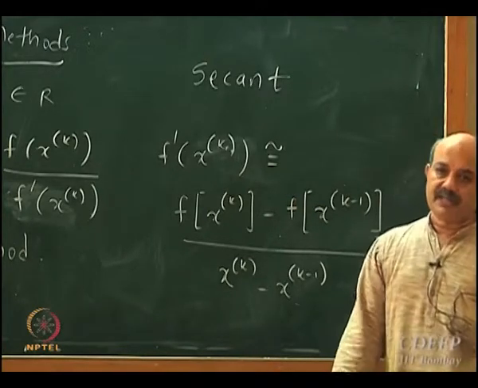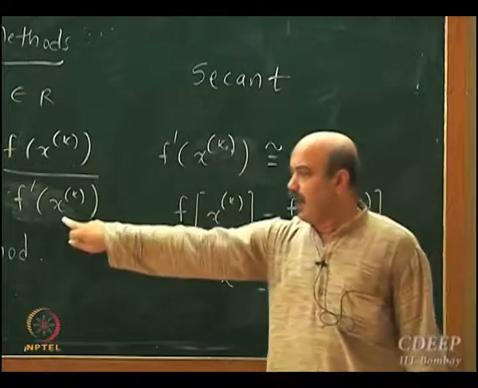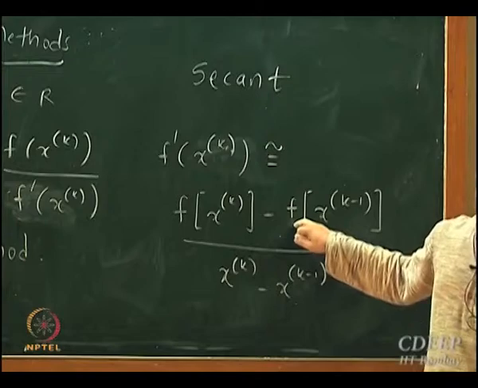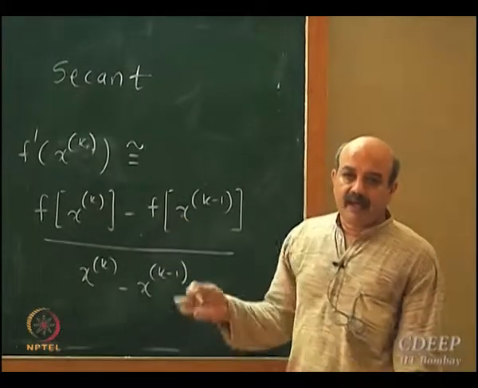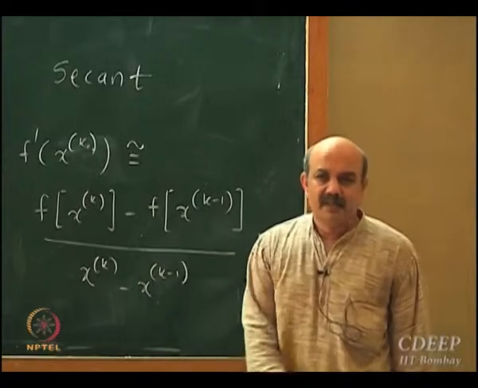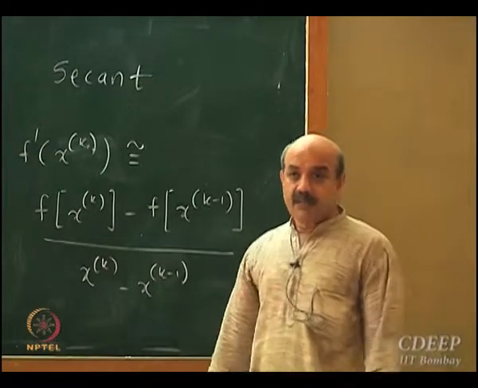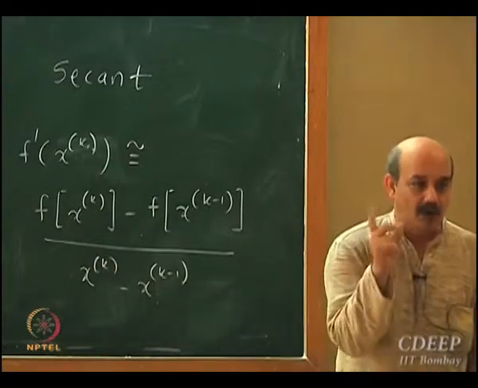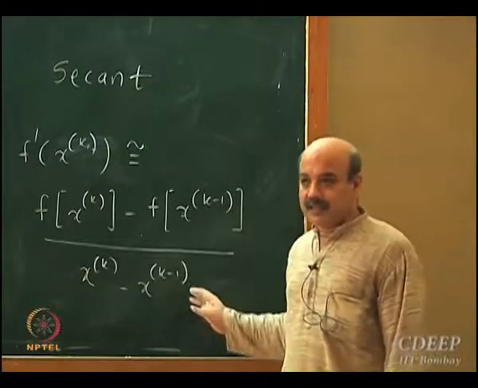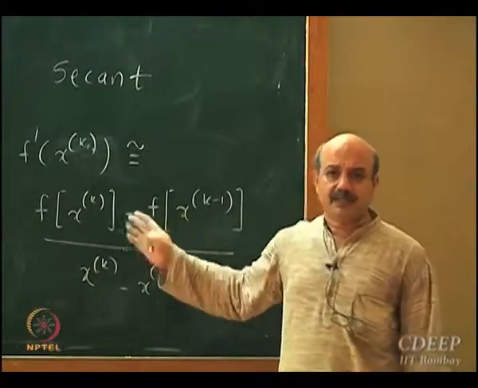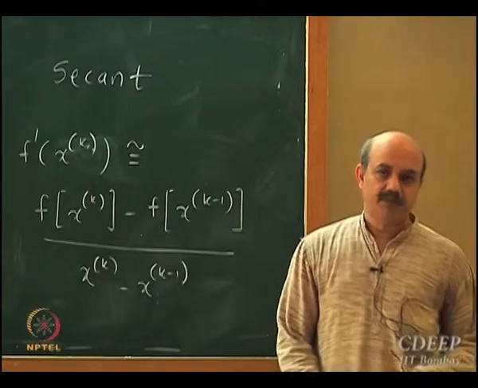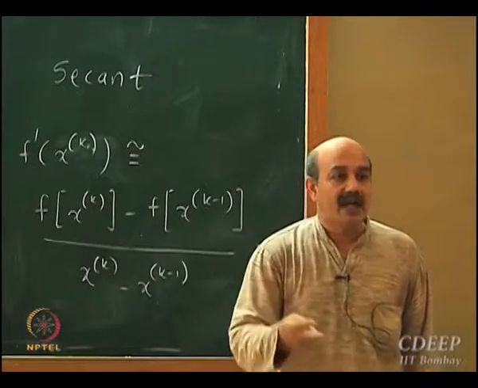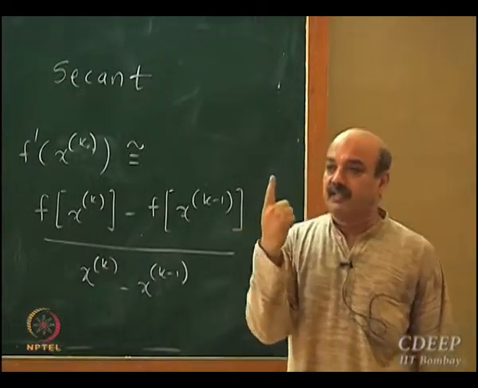This small variation is called the secant method, where f prime xk is replaced by an approximation of the derivative. This need not be a good approximation, because xk minus xk minus 1 need not be small, but this method works quite well for many simple problems. To kick off the secant method you need two initial guesses, not one initial guess.